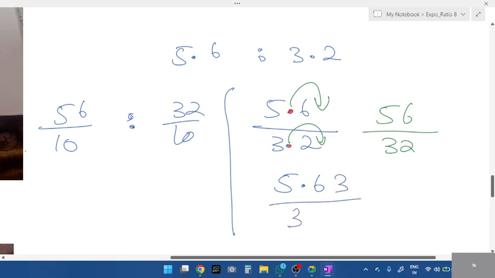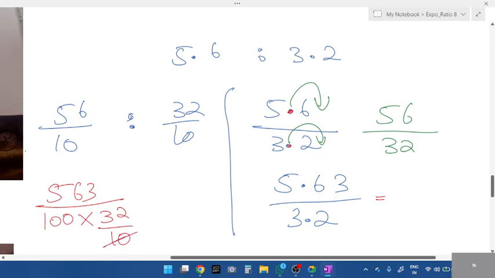Okay, what about this one? 5.63 divided by 3.2. After the decimal, do we have equal numbers? No. How do you solve this? If you want to remove the decimal, 563 divided by 10 or 100? 100. Into, for 32, what do you write? 10. How many zeros get cancelled? 1.